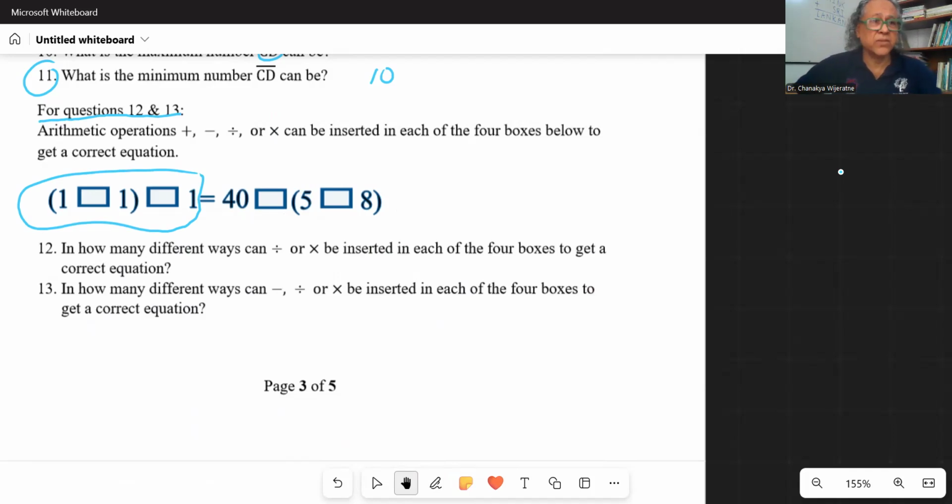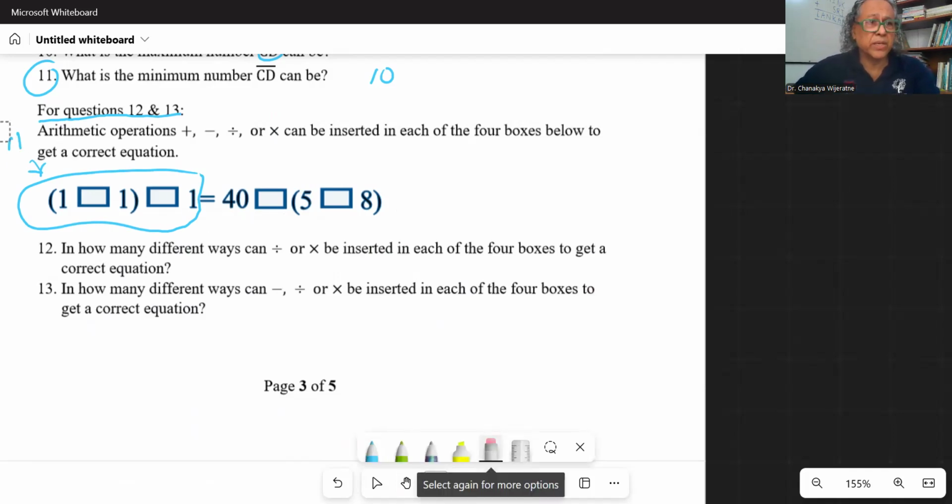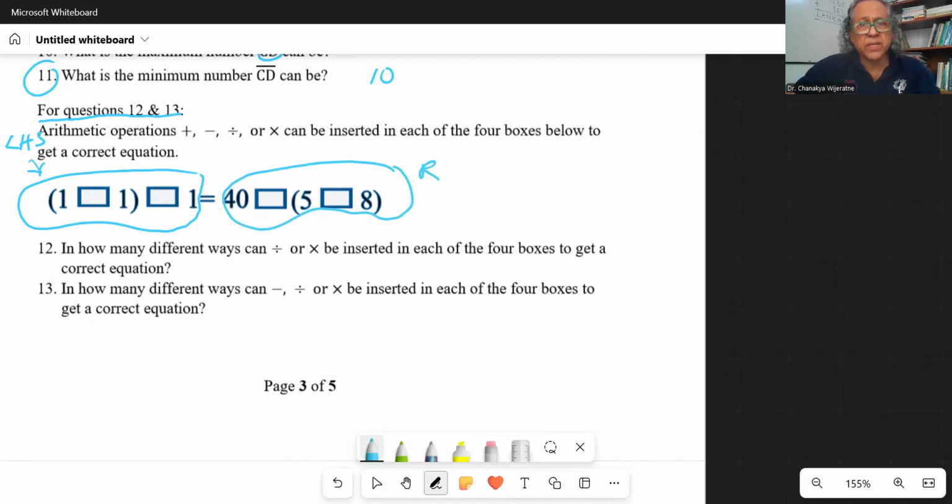That is the left-hand side. Maybe you have not learned about these things at school, but these are very important when you go to higher grades. And this is the right-hand side.